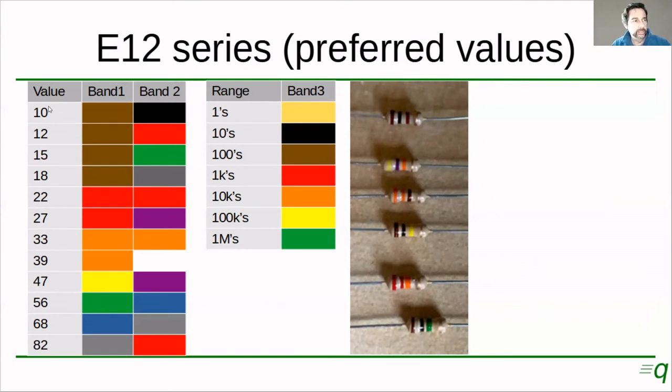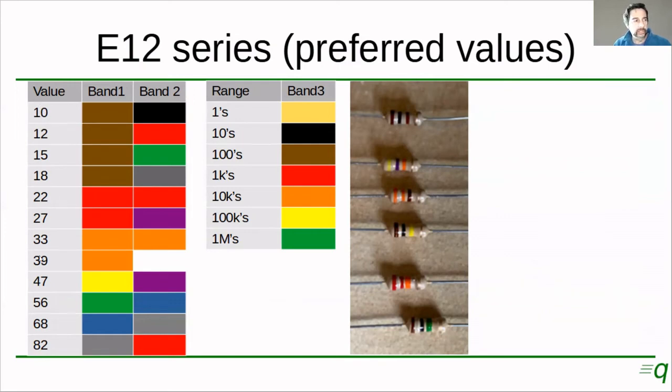So this is the series. It has the values 10, 12, 15, 18, 22, 27, 33, 39, 47, 56, 68, and 82. This represents 12 different values. Similarly, for resistors with a tighter tolerance, there's an E24 series where you would have intermediate values here, but those would be resistors that have 5% or better tolerance.